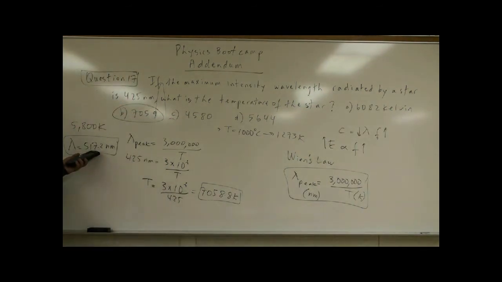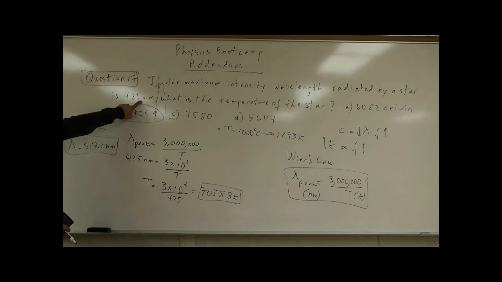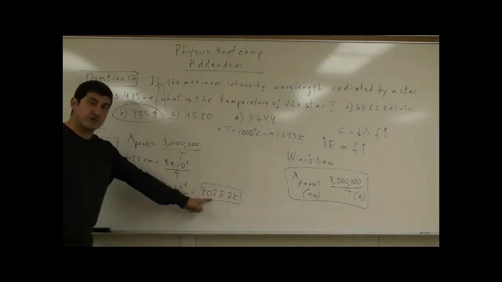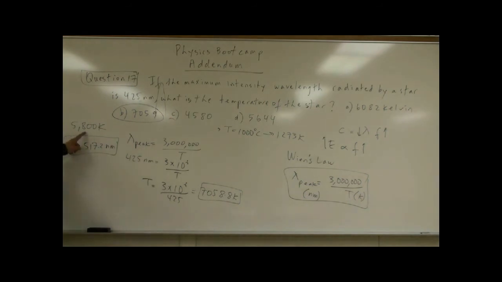Okay, so 517 nanometers, whereas this one was 425 nanometers. Since our sun is colder, 5800 versus 7058, it is radiating in a longer wavelength. A longer wavelength means smaller frequency, which means smaller energy, right?